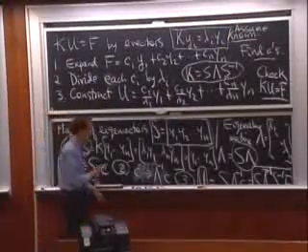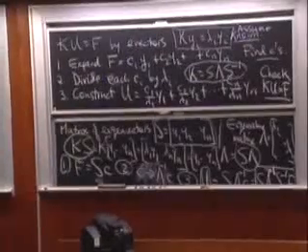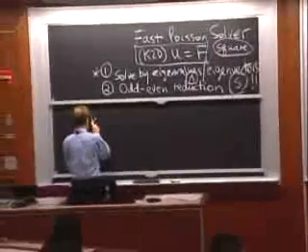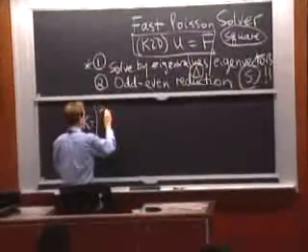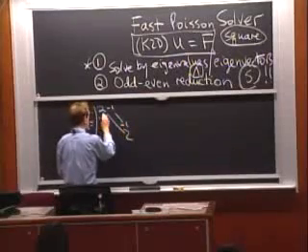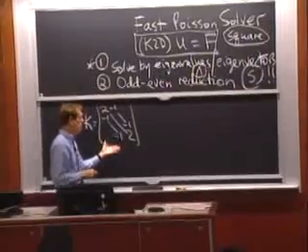Okay, now let me say what that means. First, I'm thinking of K in 1D. So this is my matrix with 2s and minus 1s and minus 1s. Its eigenvectors are discrete sines.